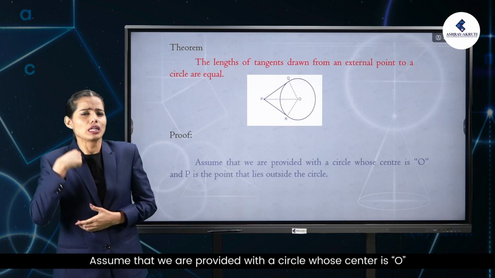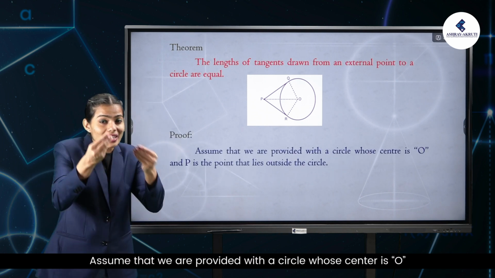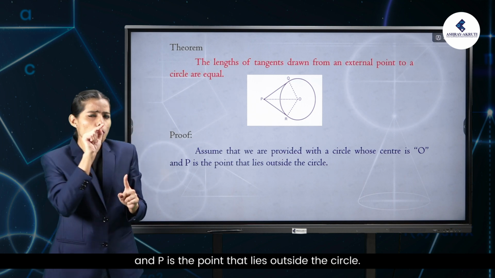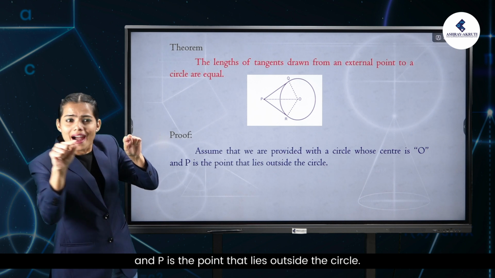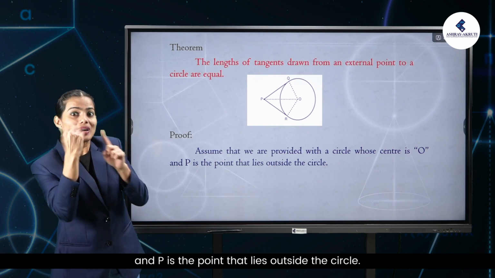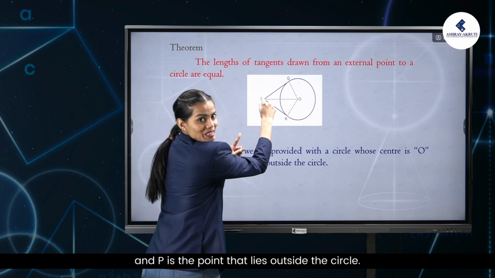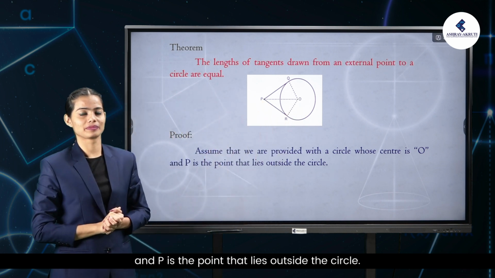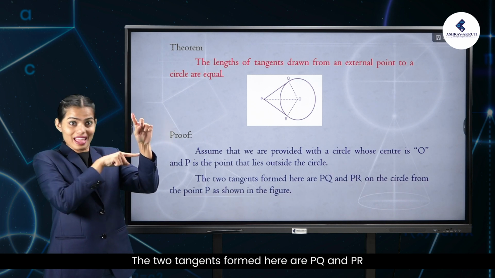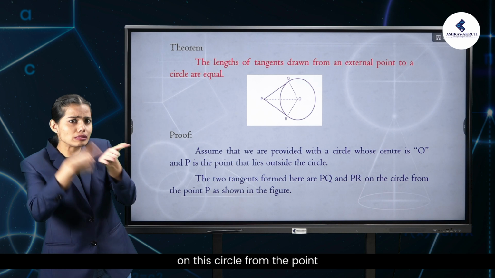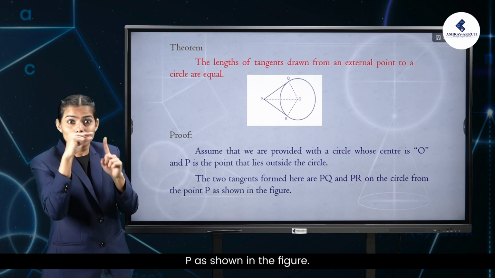Proof. Assume that we are provided with a circle whose center is O and P is the point that lies outside the circle. The two tangents formed here are PQ and PR on the circle from the point P as shown in the figure.